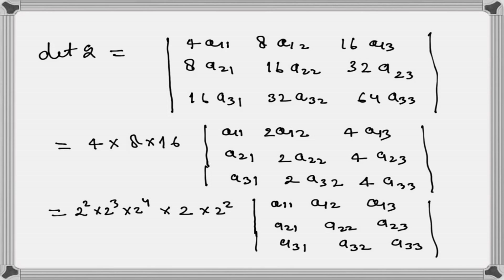This is the determinant of P, right? 2 squared, 2 cubed, 2 to the power 5, 2 to the power 2, and so on, giving 2 to the power 12 times the determinant of P, and we know that determinant of P is 2. So determinant of Q is 2 to the power 12 into determinant of P, which is 2, equals 2 to the power 13. So this is the final answer.